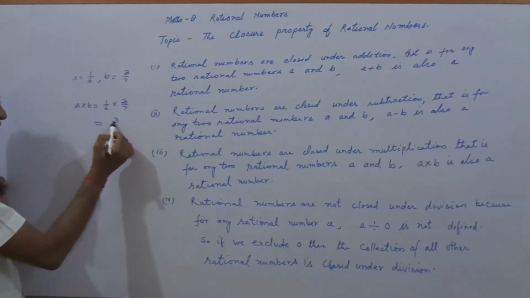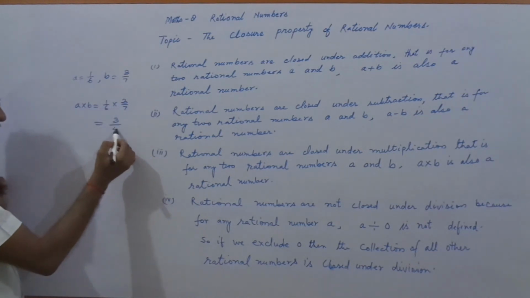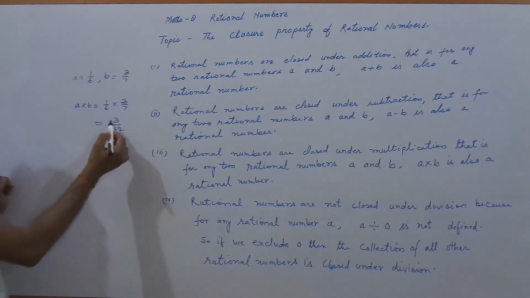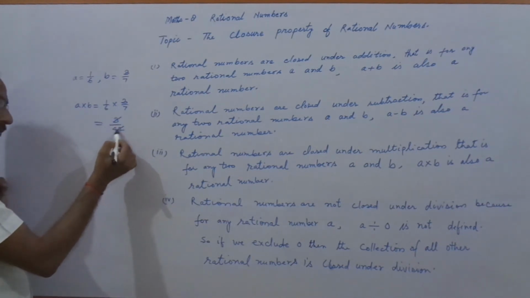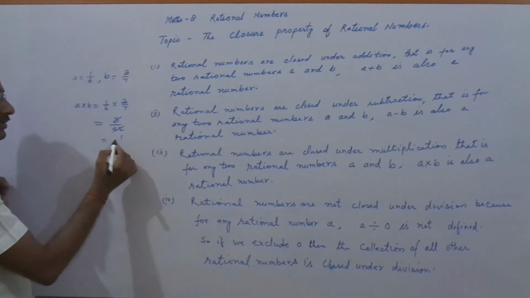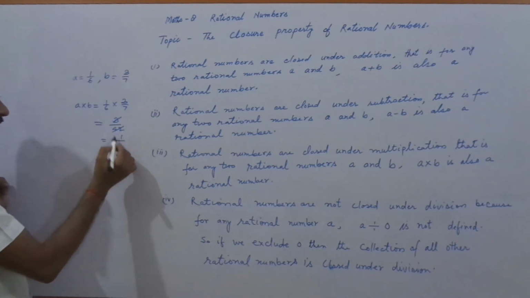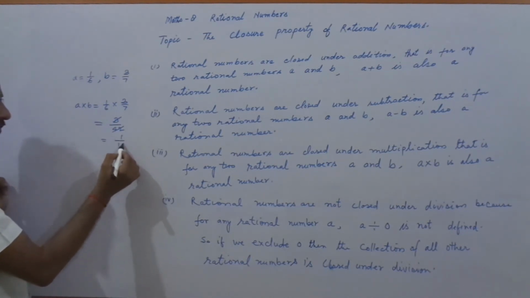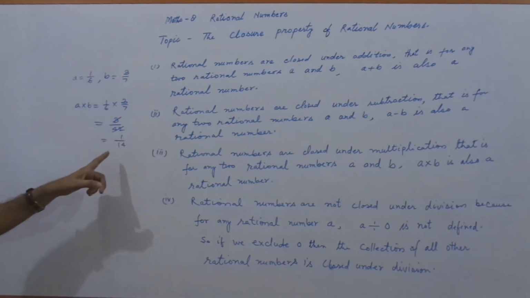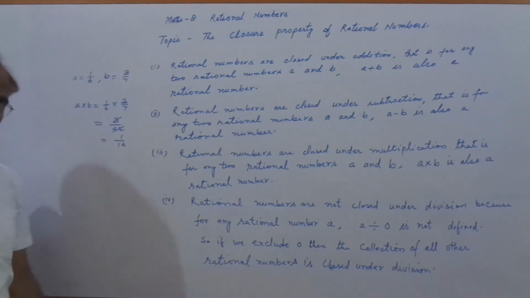So we get 3 1s are 3 and 6 7s are 42. On dividing 3 and 42 by 3, we get 1 upon 14, which is also a rational number.